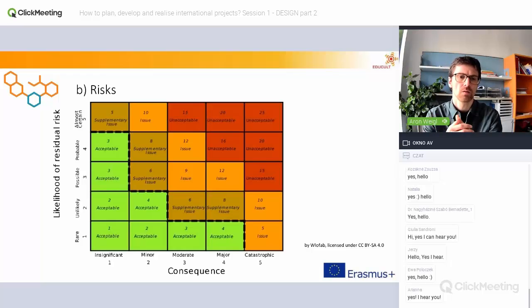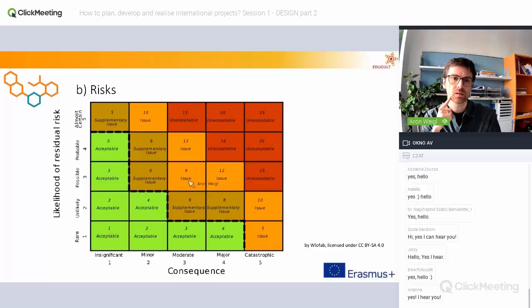So, for example, if we have a risk which is possible that it occurs, then we are in the third row. If this risk occurs, it would have a moderate consequence on the project.